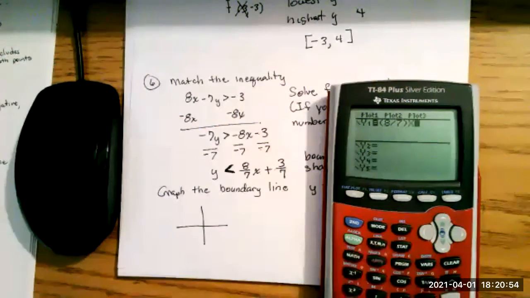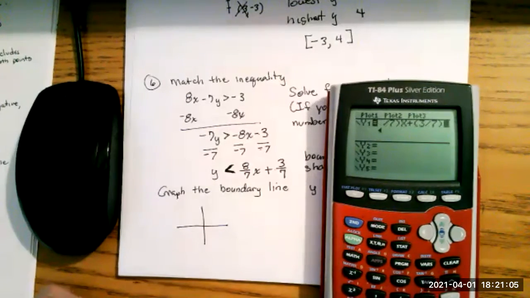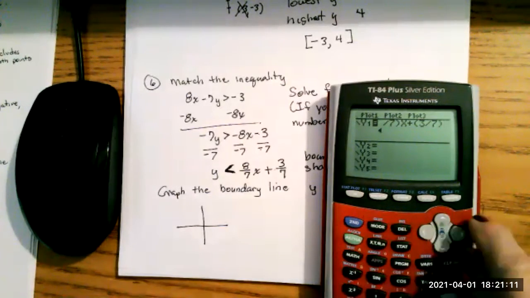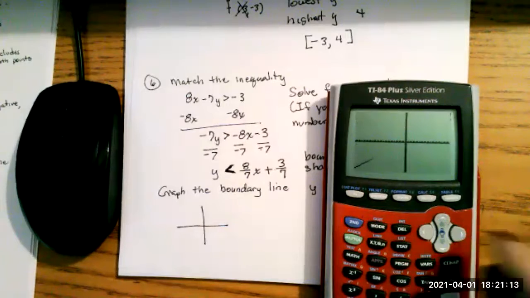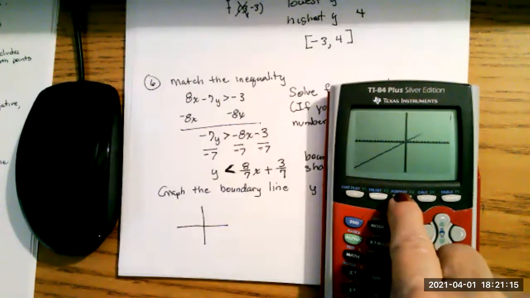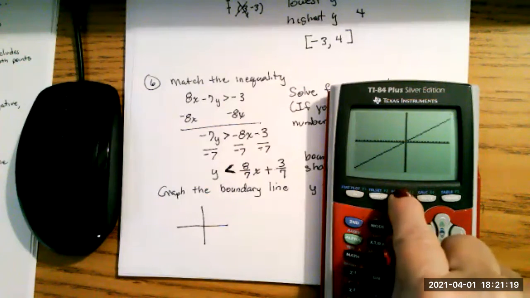Put my x in there. Don't put your x inside the parentheses. Make sure it's outside. Plus parentheses 3 divided by 7. So it's telling my calculator that I've got an 8/7 x plus 3/7. And then I'm going to graph it. I've been playing with my calculator, so I think I'm going to have to go to Zoom and Standard to get my 10 by 10 window there.